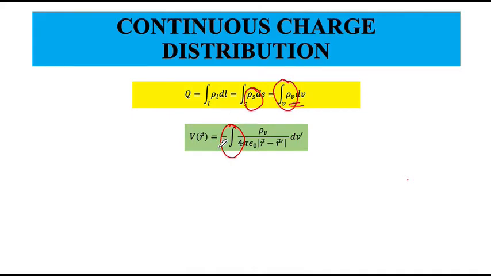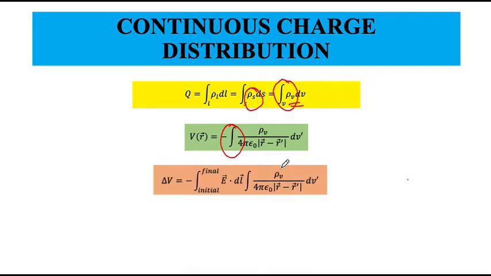Well, we originally said that the potential difference between two points, delta V, is actually the negative of the line integral of the field from the initial point to the final point, right? Okay, is there a way I can turn this equation around so I can express the electric field in terms of the potential function?